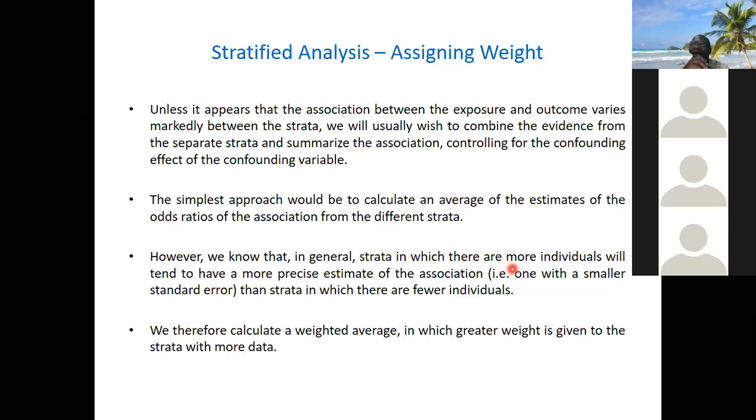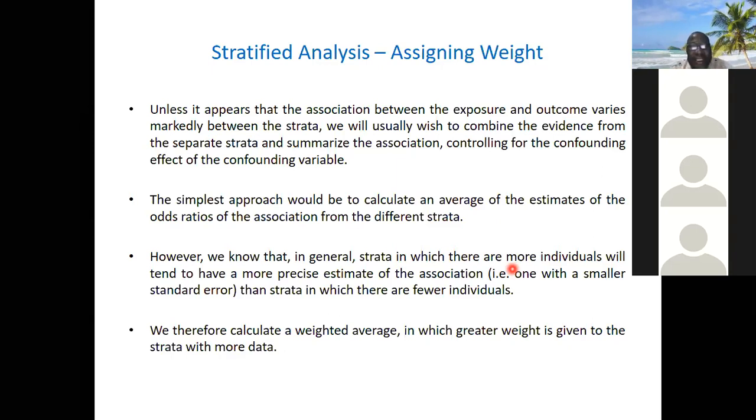That is, if you establish that it's not effect modification, maybe it's confounding, you expect the odds ratios to be almost the same. Now you need to calculate a summary, that's the Mantel-Haenszel odds ratio. If you have different strata, why calculate different odds ratios? You can summarize them more like an average odds ratio.